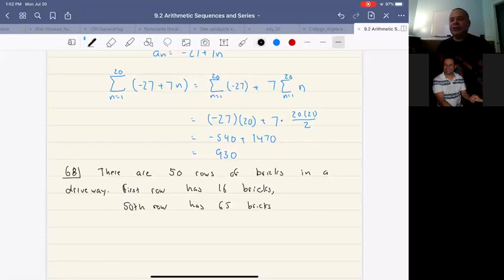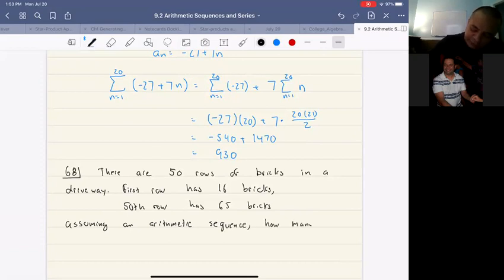Assuming that you're going to use an arithmetic sequence, how many bricks do you need?